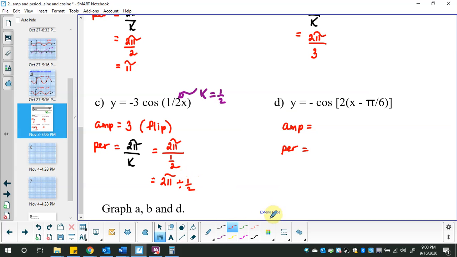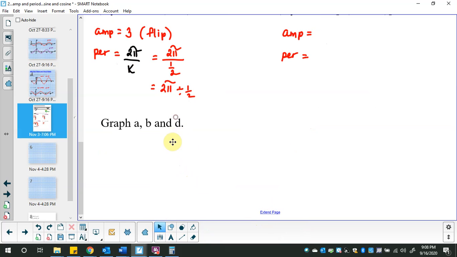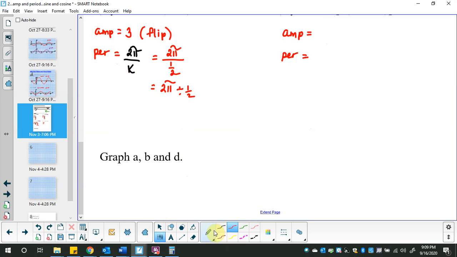If we write it a little bit old school, 2 pi divided by a half, think about grade school for a second. That means you have to times by the upside down. So that's 4 pi over 1. So the period, after all that math, ends up as 4 pi.